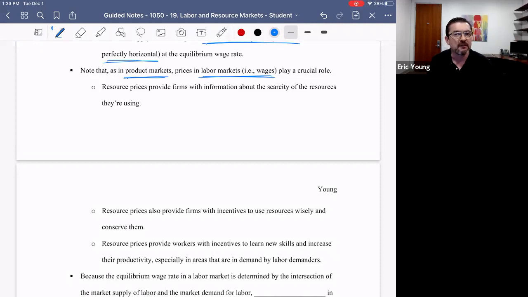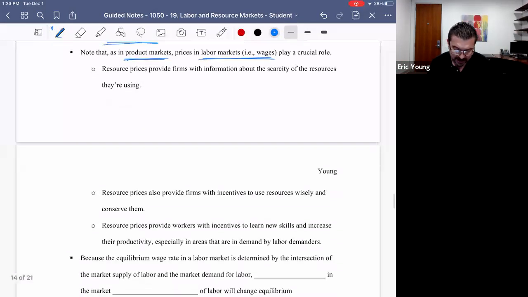They convey information, they embody data, they provide incentives. That same role of prices that was so crucial in product markets is just as crucial in resource markets. What are some of the roles that prices play, or that wages play, that any resource price plays?